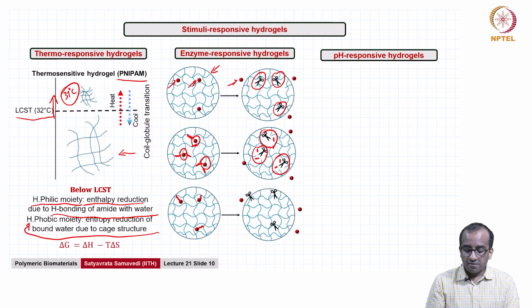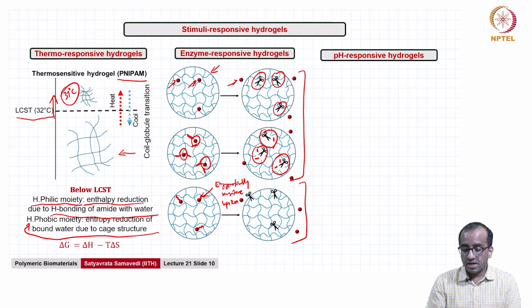You can also have an enzymatically sensitive linker. So in this case, the hydrogel retains its structure. In the former two cases, the hydrogel itself will disintegrate because of chain scission.